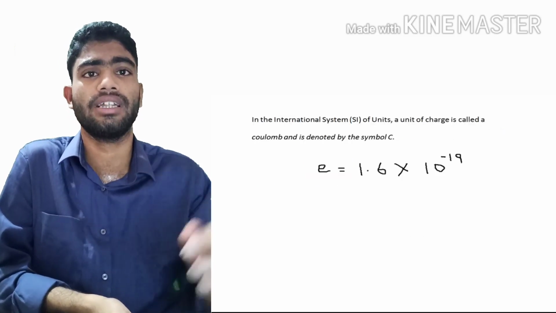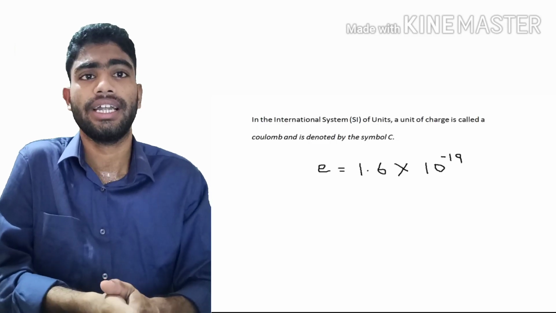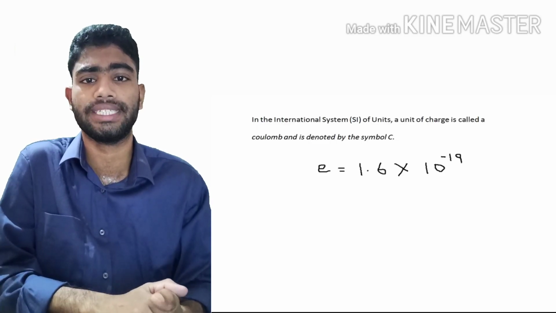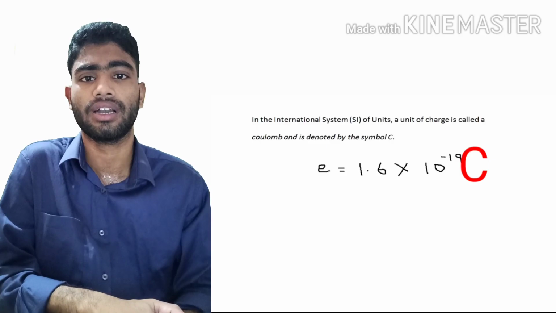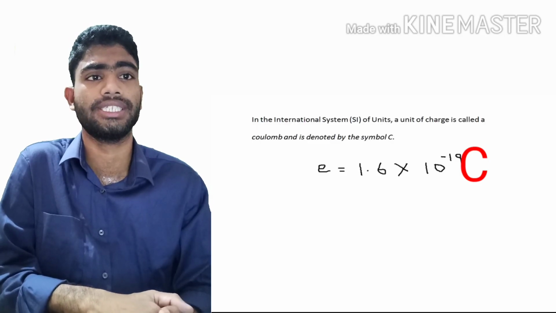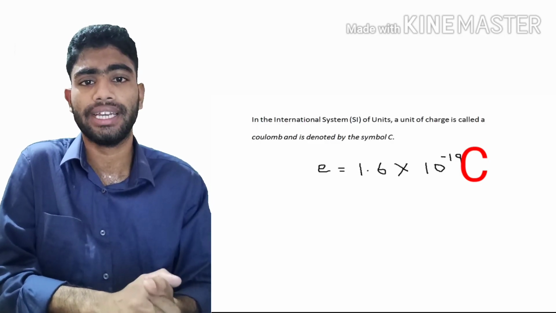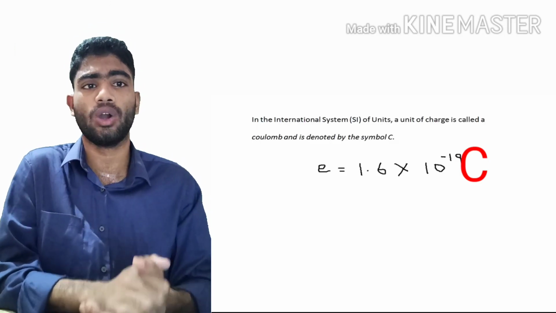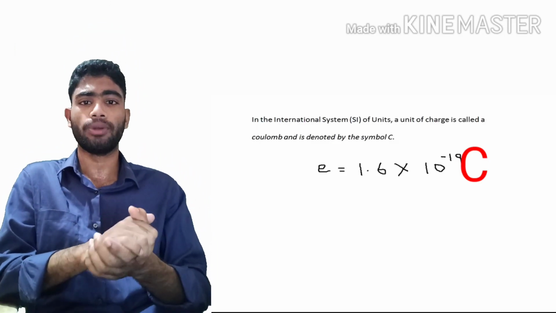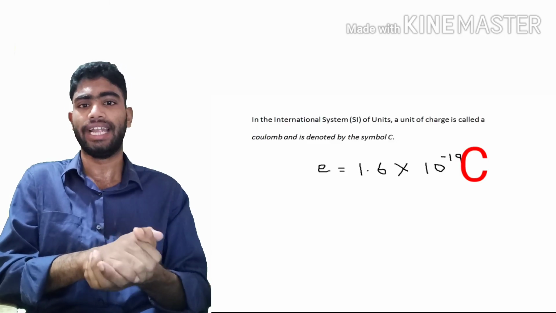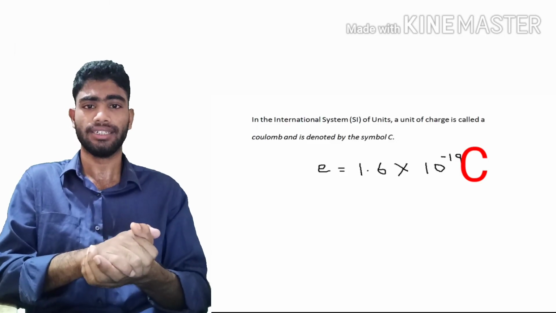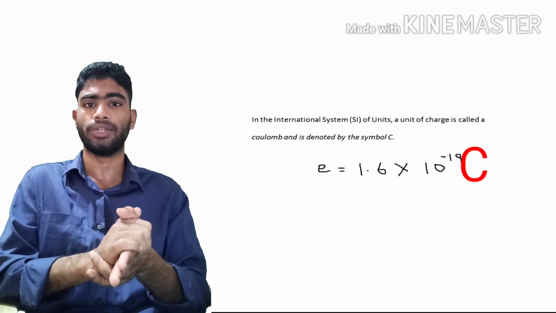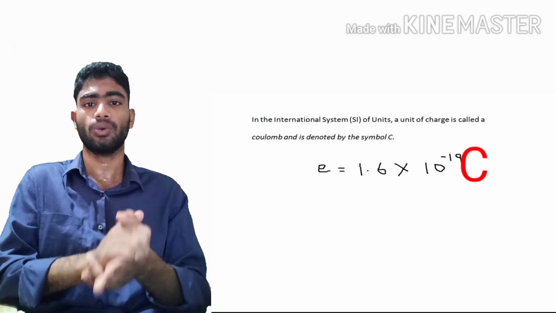Now I already told you the SI unit of charge is called coulomb, denoted by C. The charge of an electron is 1.6 into 10 to the power minus 19 coulomb.